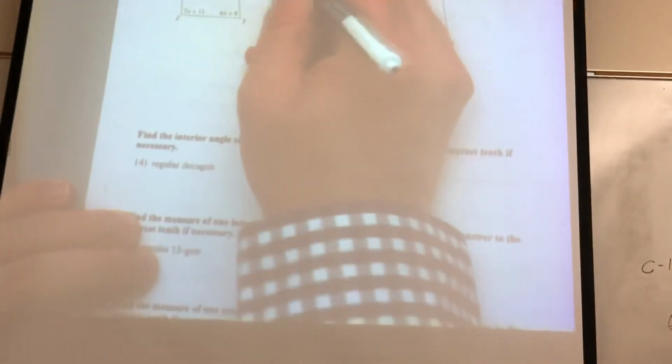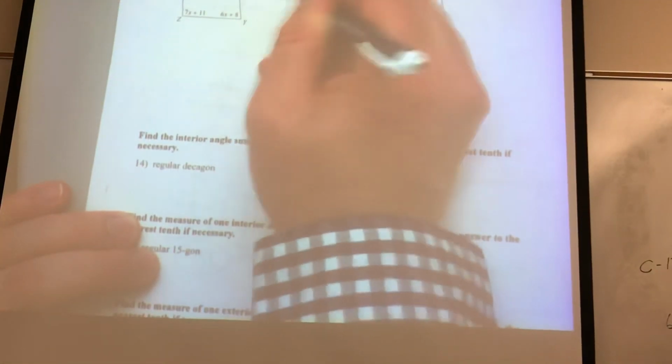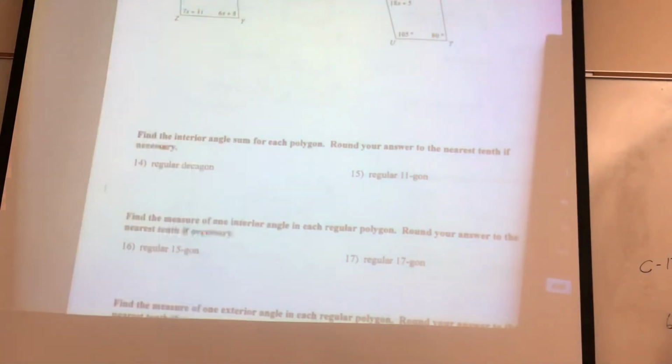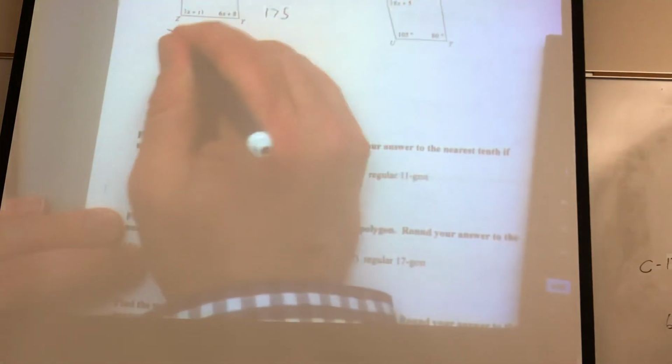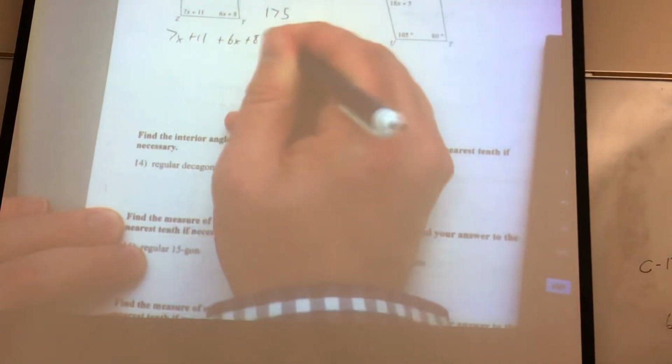So we have 360, and we have to subtract 86 and 99, because those are the ones that we already know the measures of. It looks kind of like a parallelogram, but we can't just say that it will be. 360 minus 86 minus 99 is going to give us 175. So this is 7x plus 11 plus 6x plus 8 is equal to 175. I combine like terms over here.